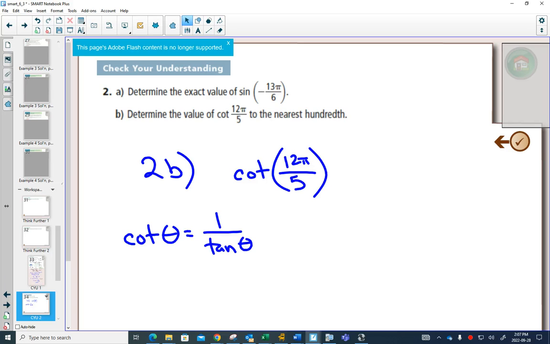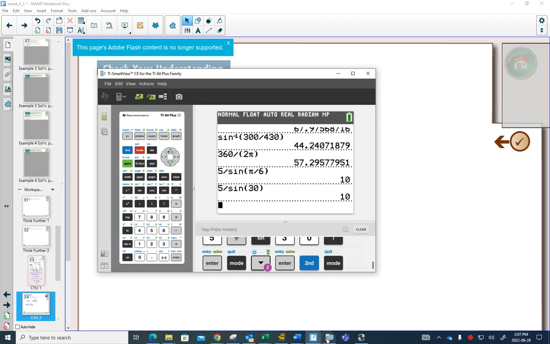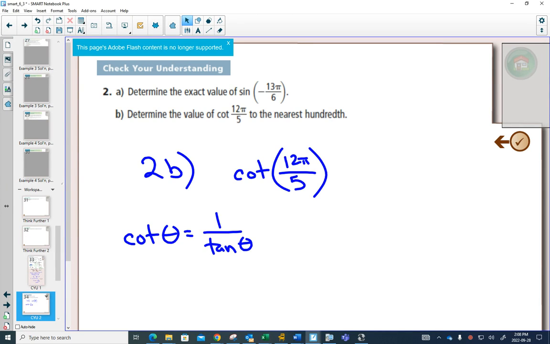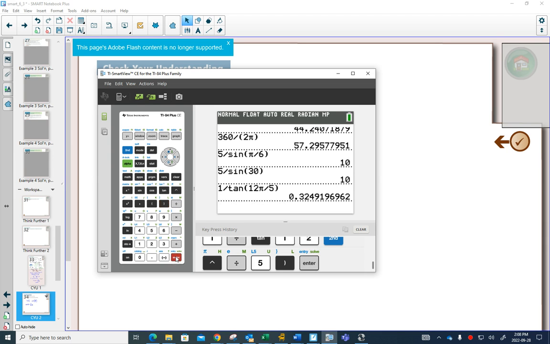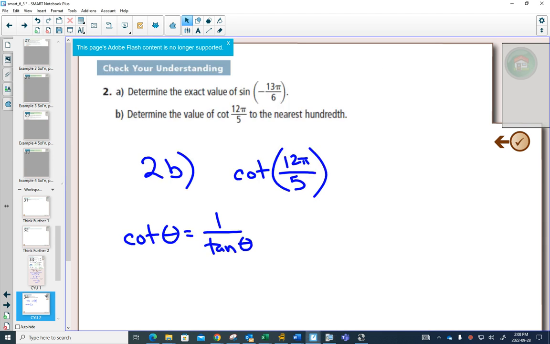If cotangent's 1 over tan, I can type in 1 divided by tan of 12 pi over 5. That gives 0.324. To the nearest hundredth would be 0.32.